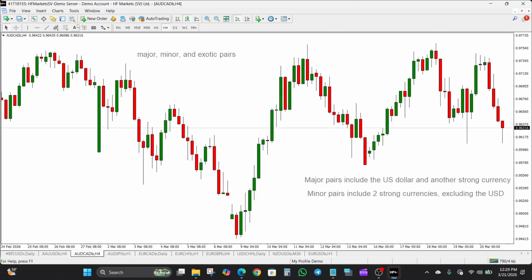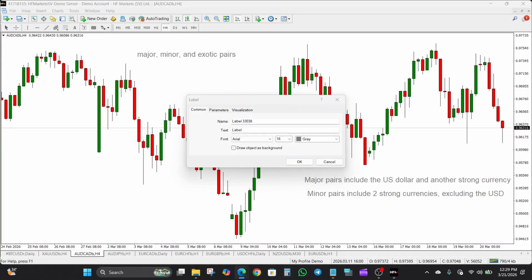Then the exotic pairs involve one major currency and one from a smaller or emerging economy.